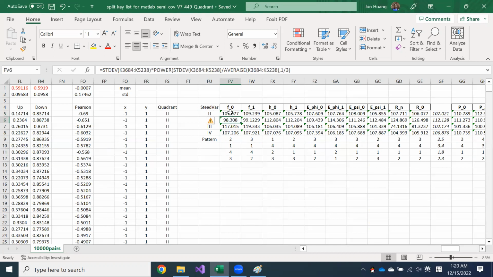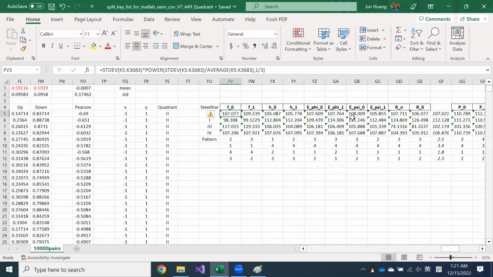I'll explain why we do that. This is what we call the 1.5 variance, an approximation, because Excel doesn't give us a formula to calculate the 1.5 variance.